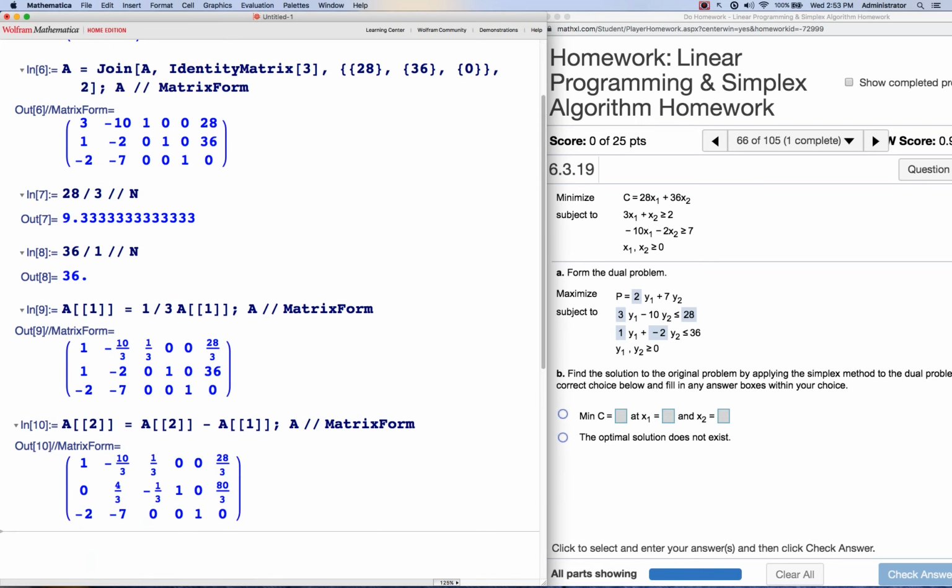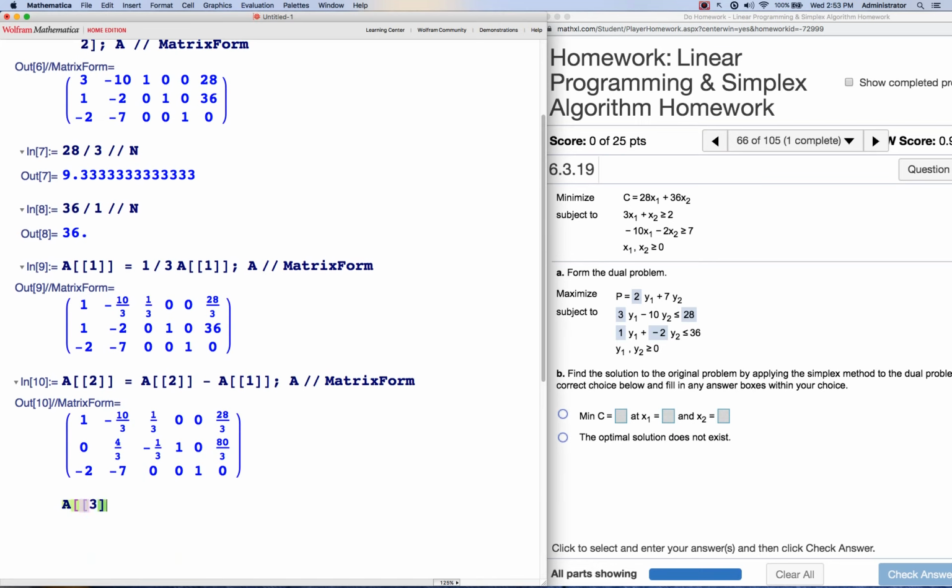And then what about the third row? Well, that's a -2, but I want this to be a 0. So how do I get rid of the -2? The third row is equal to the third row plus 2 times the first row.